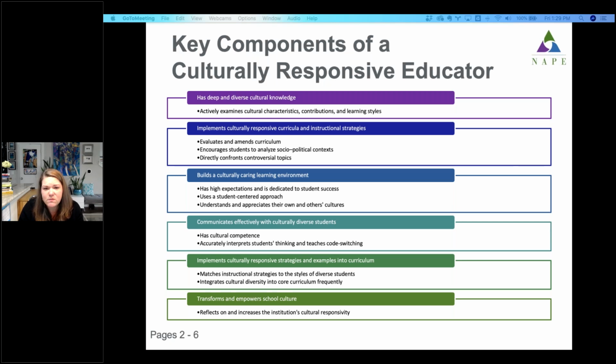This is the phrase of, are you the sage on the stage or are you the guide on the side? If you're acting more as a guide on the side, then that's really lending itself more towards that student-centered approach.